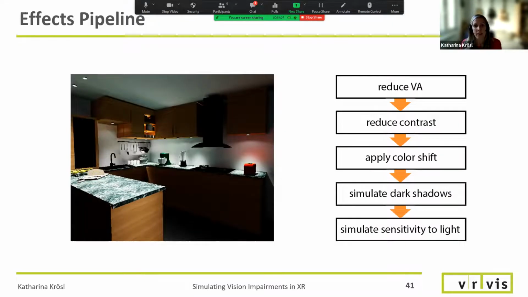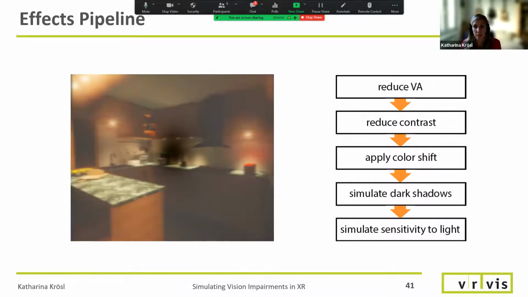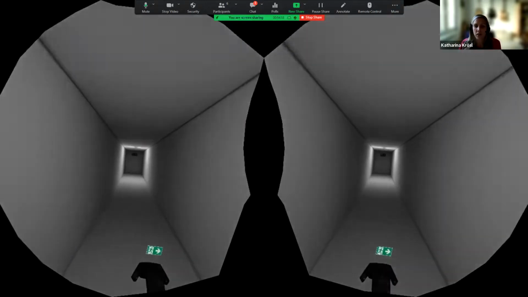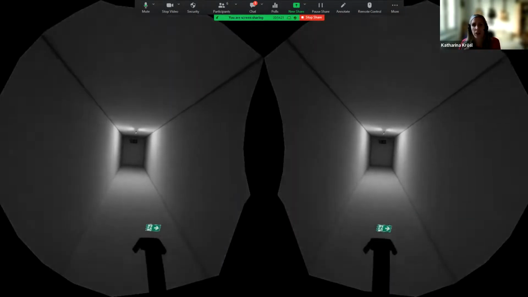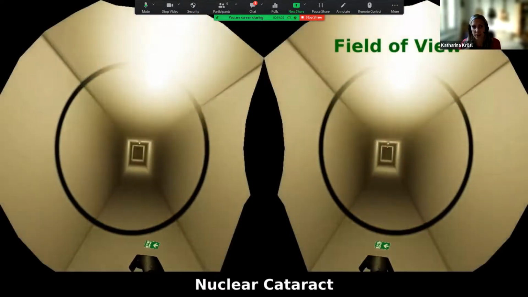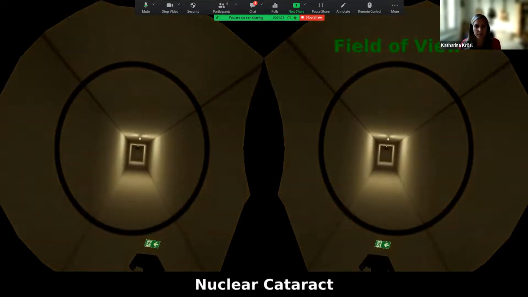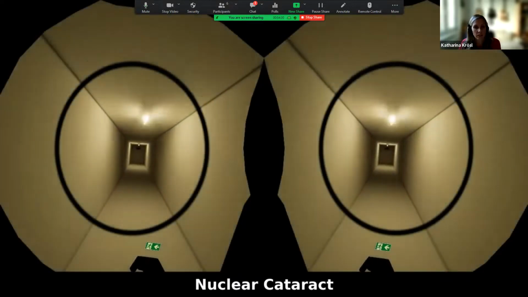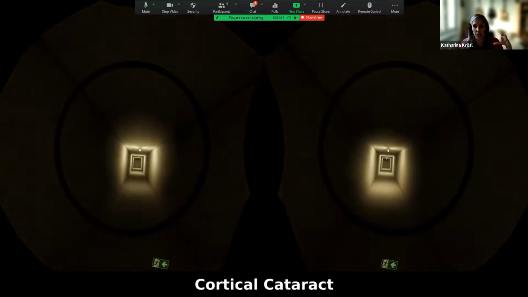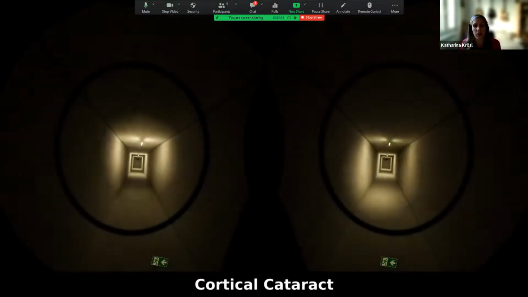Before doing simulations in AR and 360 images, we started with a VR simulation of cataract vision. And we conducted a user study and again measured maximum recognition distances with our simulations of nuclear, cortical, and posterior subcapsular cataracts. And you can see here this black ring is actually the border of the field of view that the person in the VR headset would actually see.